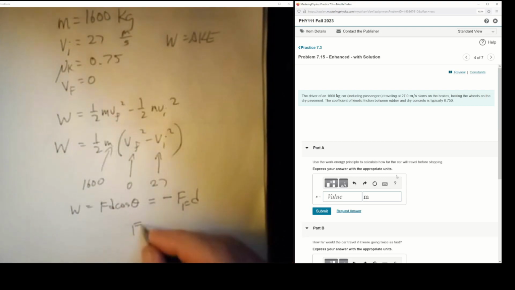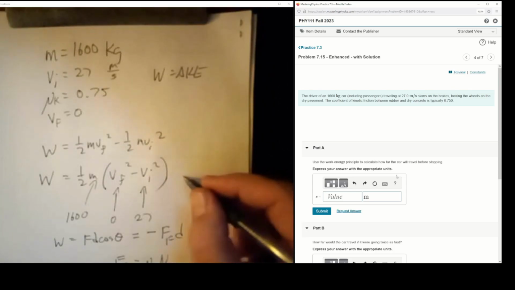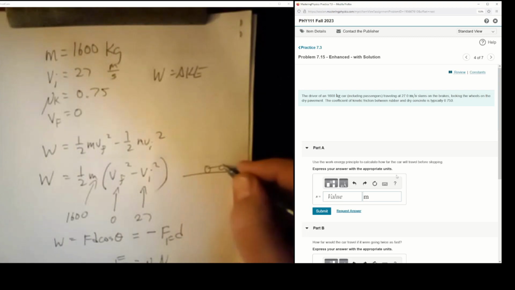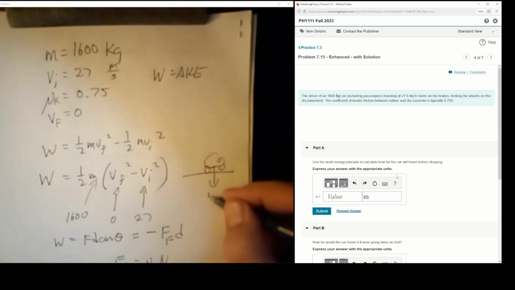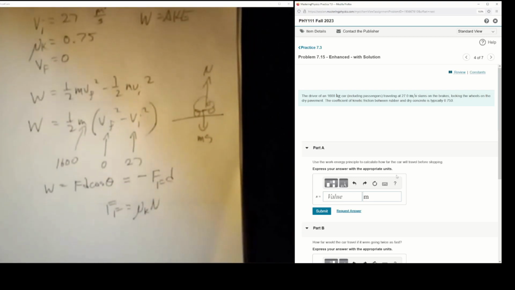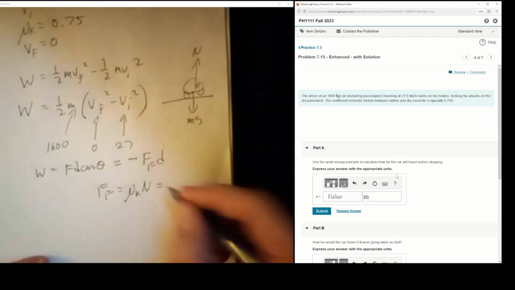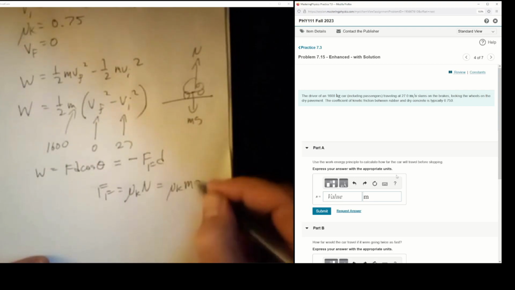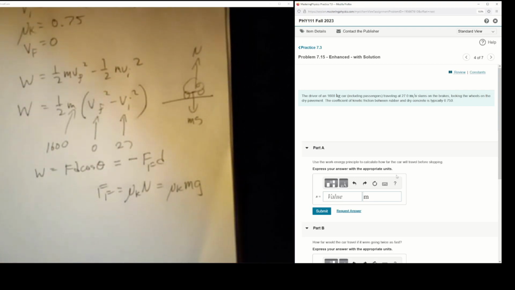The force of friction is mu k N. And this car is on a horizontal surface, so its weight is equal to the normal force. So the force of friction is mu k m g.